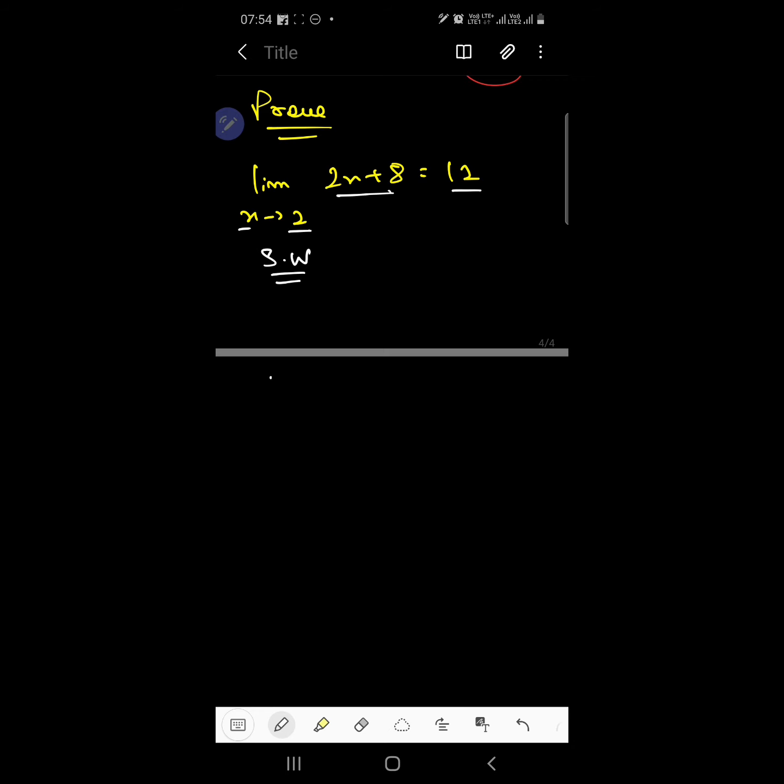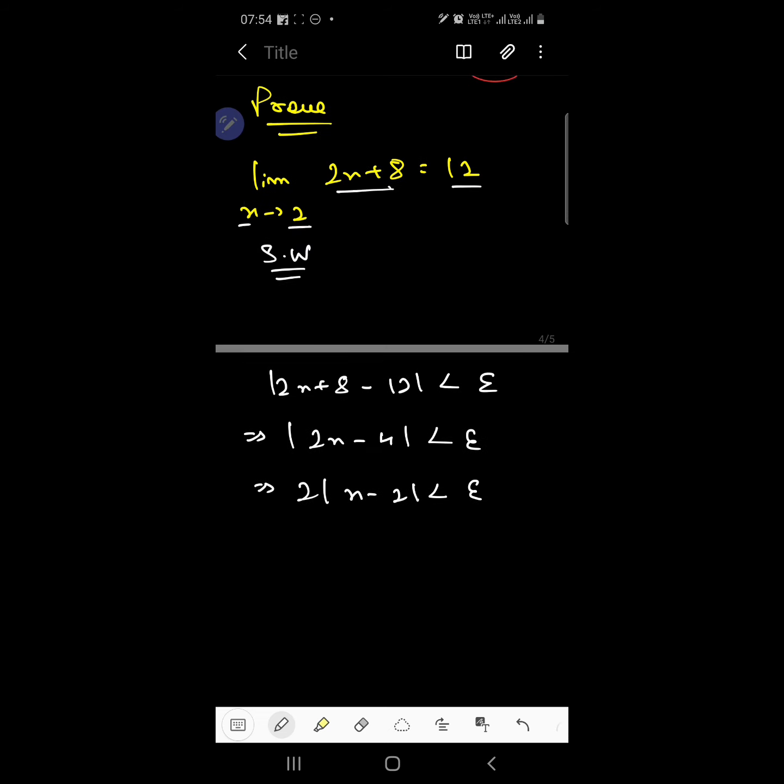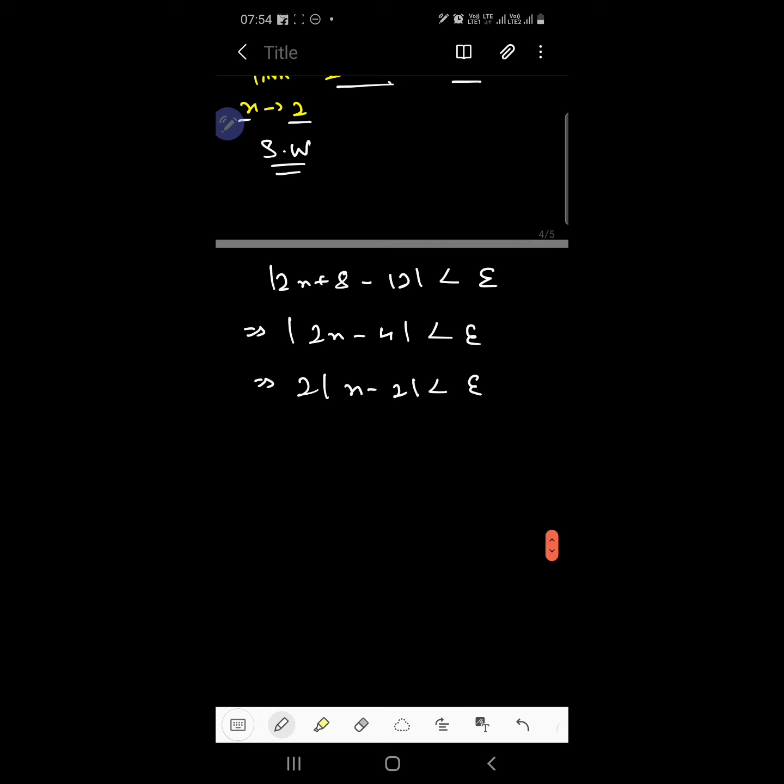So we have mod of 2x plus 8 minus 12 is less than epsilon. From here we can say that mod of 2x minus 4 is less than epsilon. That means 2 times mod of x minus 2 is less than epsilon, right? That implies mod of x minus 2 is less than epsilon over 2.